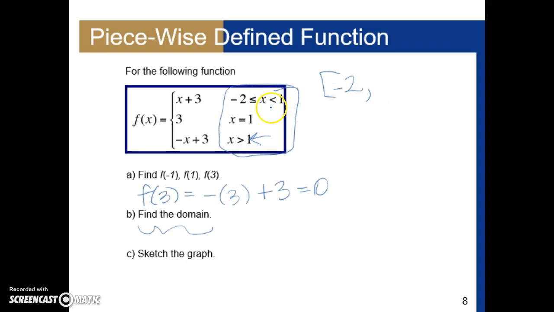And we're going to go up to but not include 1, but this includes 1. So 1 is included in the domain. Also, all values greater than 1 are included in the domain. So this is actually what the domain of this piecewise defined function would look like. So we just need to look at the different pieces and see what is included and what is not included in those pieces.